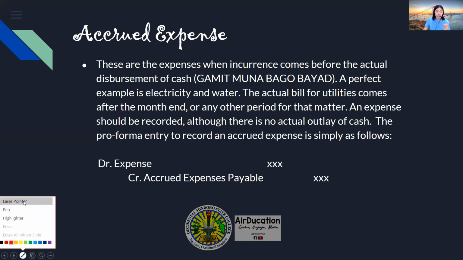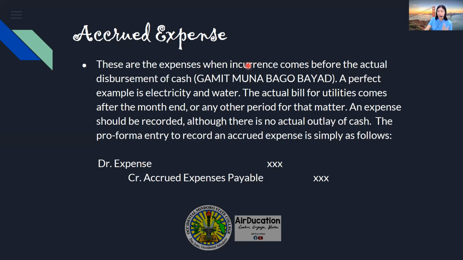Of course. Kasi ang electricity at water, ginagamit muna natin. Tapos after nun, may marireceive tayong bill. Magkano yung total na nagamit natin. Okay? The actual bill for utilities comes from the month end or any other period for that matter. Okay? An expense should be recorded although there is no actual outlay of cash.